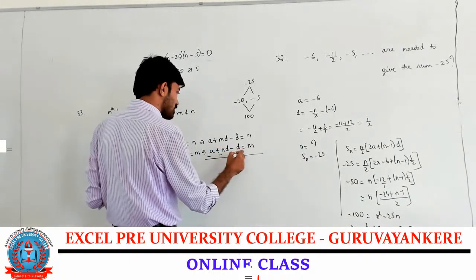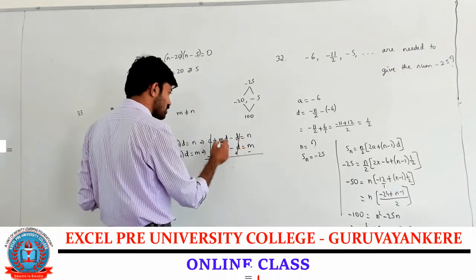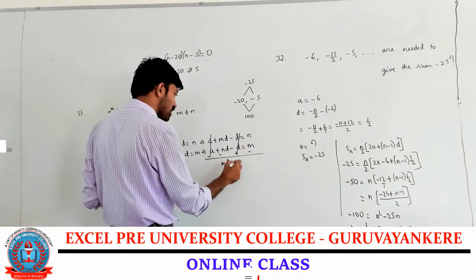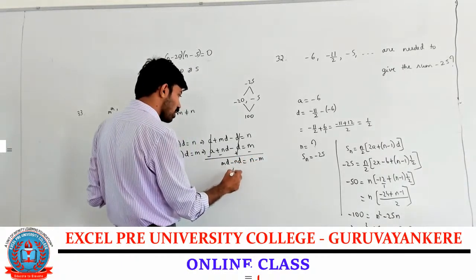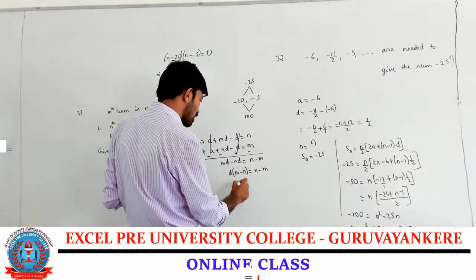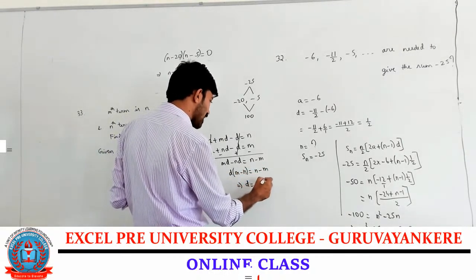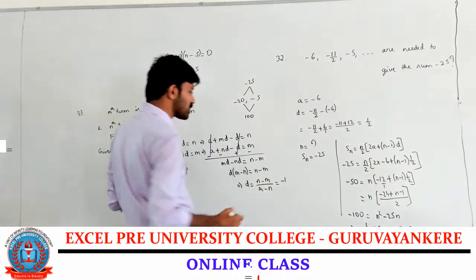Subtract. This will cancel. Md minus nd is equal to n minus m. d is common, so d into m minus n is equal to n minus m, or we get common difference is n minus m by m minus n. If we cancel this we get minus 1, correct?